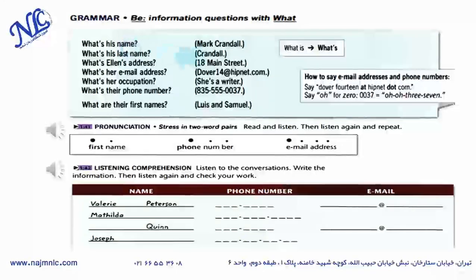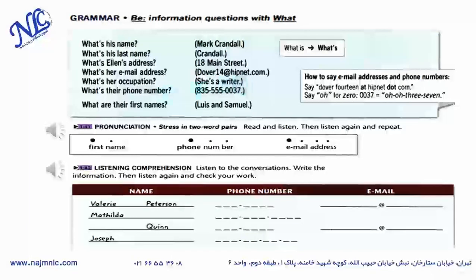What's his name? Mark Crandall. What's his last name? Crandall. What's Ellen's address? 18 Main Street. What's her email address? dover14@hipnet.com. Don't forget, we say at, not at sign. Okay? What's her occupation?